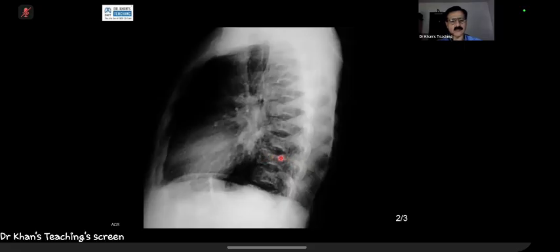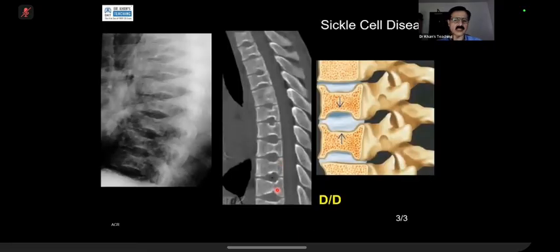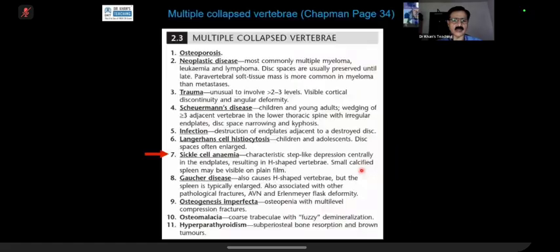So that is why in the central portion of the vertebra, because of sickling, there is avascular necrosis and collapse. On a CT scan, this is how it will look. This is a different case. And of course, as a diagram, this is how it will look.